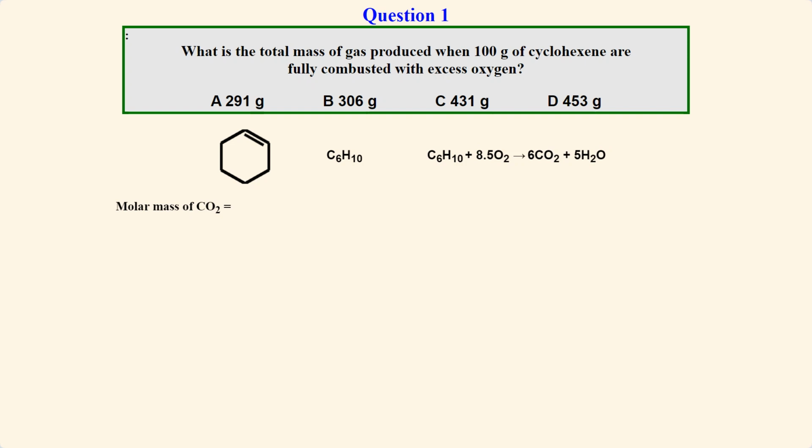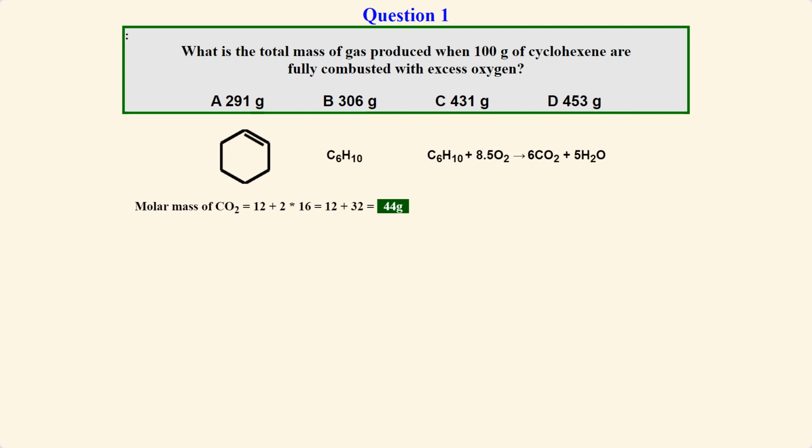So to do that, we need to find, first of all, the molar mass of CO2. And so let's do that. So that will be 12, 12 being the atomic mass of carbon. And then we've got plus 2 times 16, 16 being the atomic mass of oxygen, and it's 2 times 16 because we've got CO2. So if we add those figures together, we've got 12 plus 32, 44.